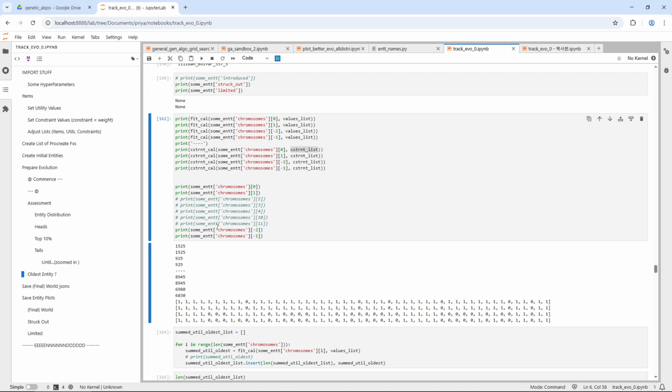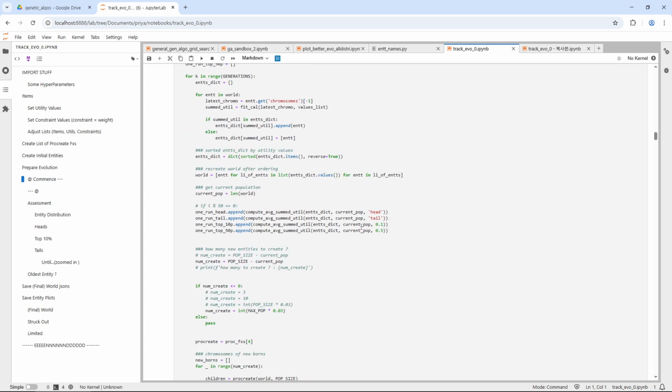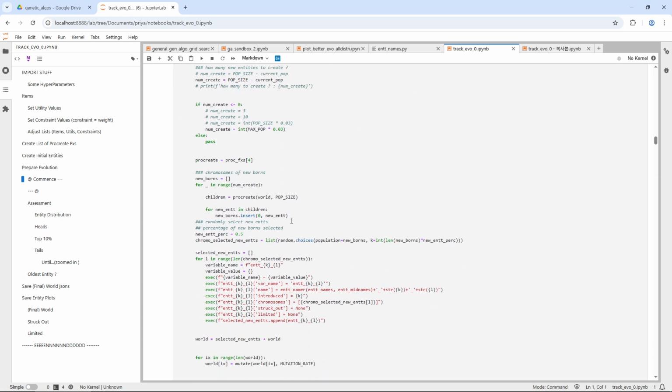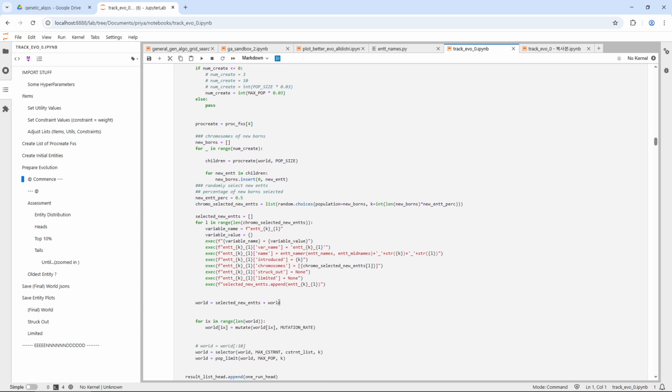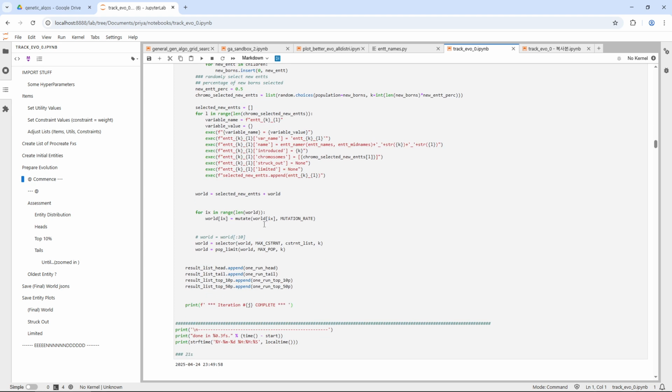And because I keep on adding the new selected entities into the world at the front, the older ones, which usually have lower sum utility values, get pushed back, and then when they get pushed back, the population limiter will limit them out, which is sad.